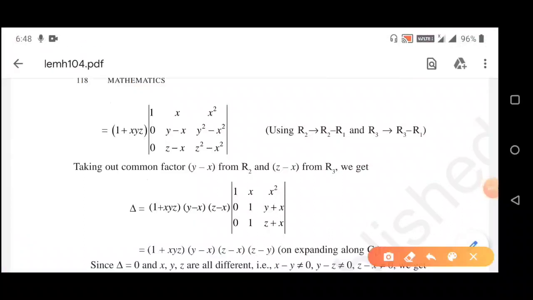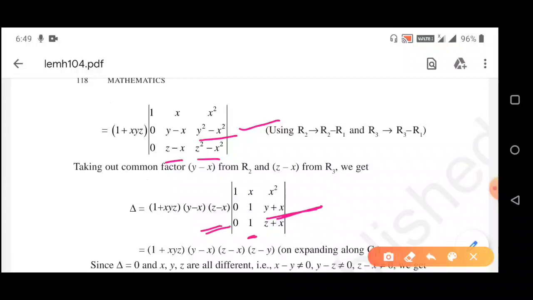Now from row 2 we can take y minus x outside. Then we will have this y plus x in place of this y square minus x square, because y square minus x square means y plus x into y minus x. And from this z minus x and z square minus x square we can take this z minus x outside.